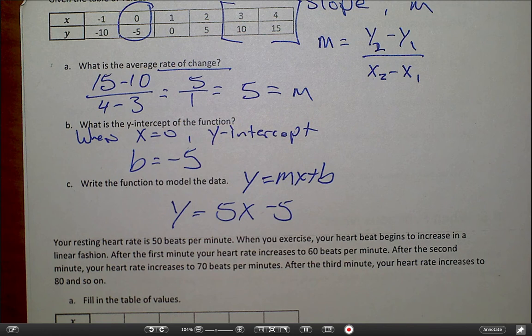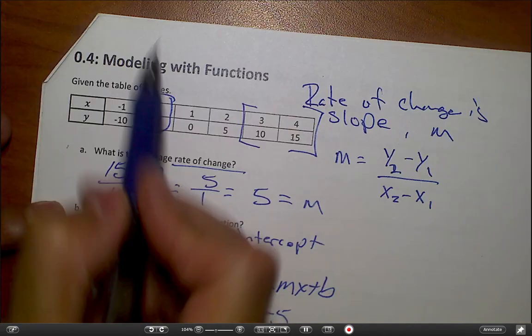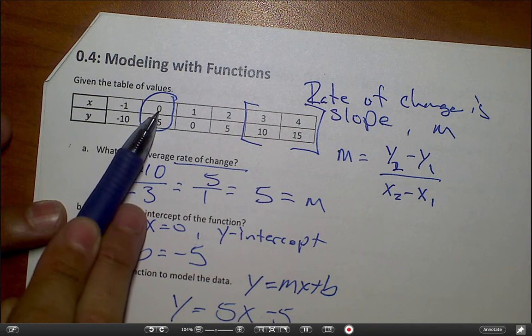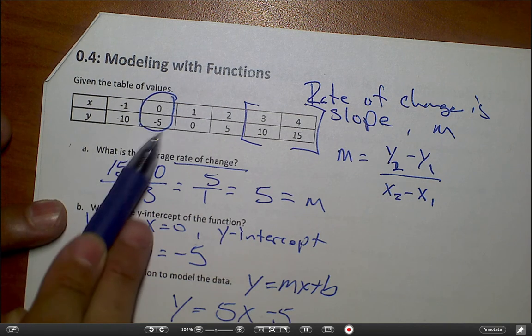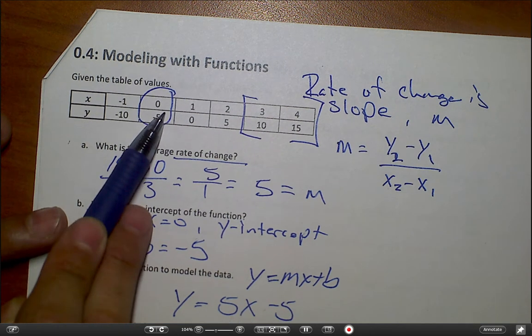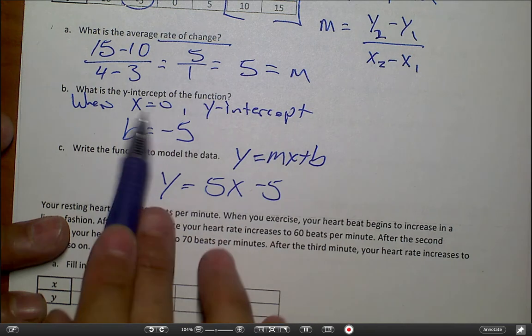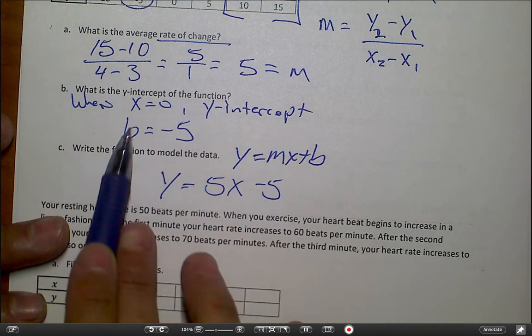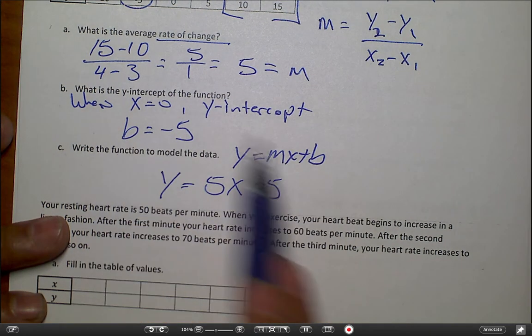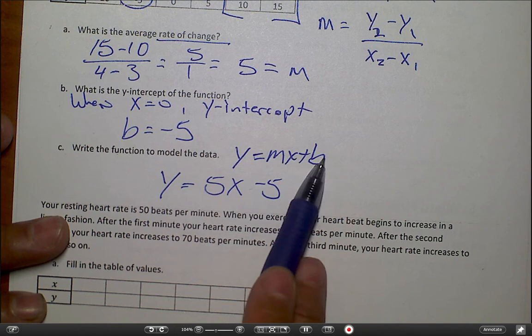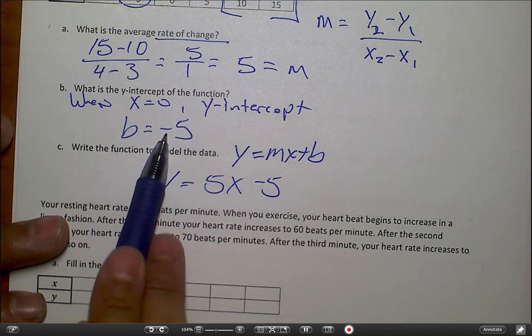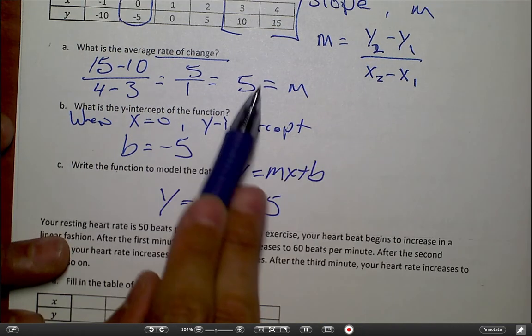Where do you get the negative 5? This one right here, because when x is 0, y is negative 5. So y-intercept right here, so it's going to be negative 5. So my b value is negative 5 from here. And my slope, which is 5, is this one right here.